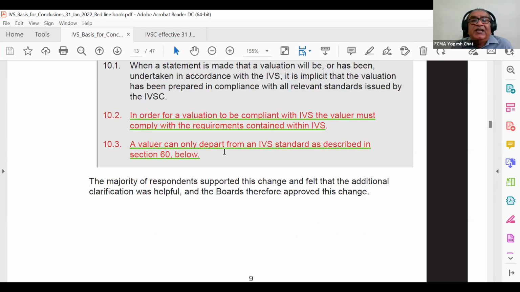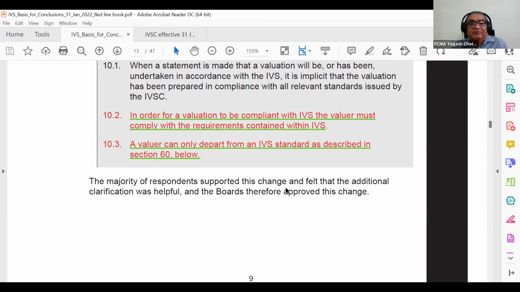And a valuer can only depart from an IVS standard as described in section 60 below. Section 60 relates to, as I gave you the example, whenever some specific guidance is provided under statutory laws or regulation, only in that scenario can he deviate from the IVS. Otherwise, whether he is employed or not employed, he has to follow the IVS.